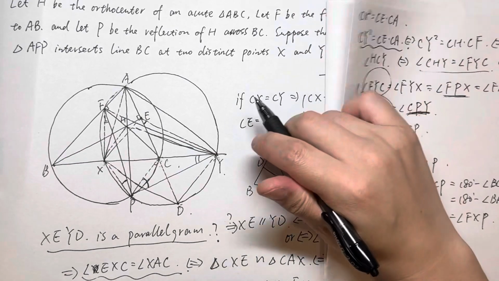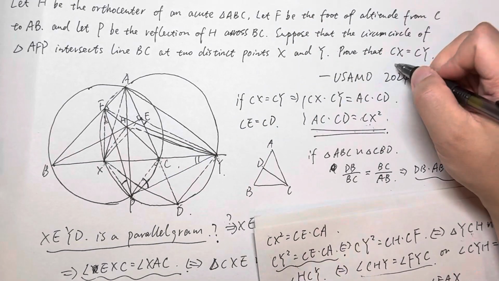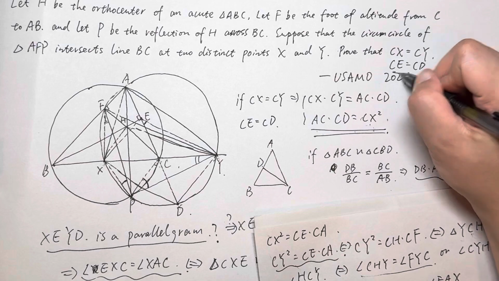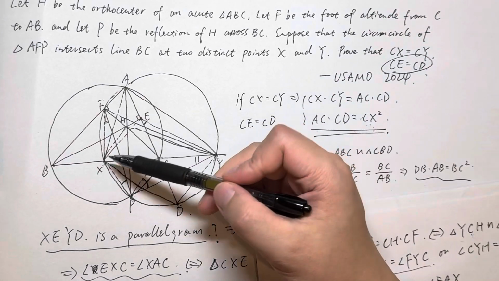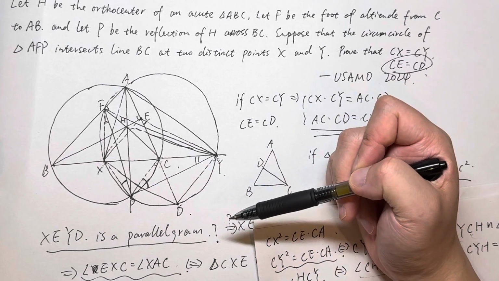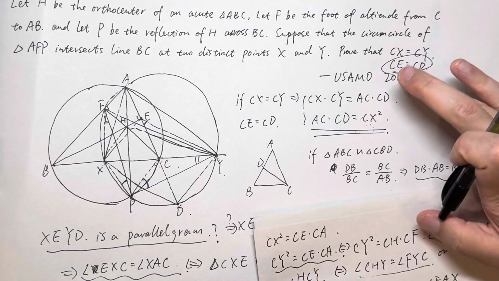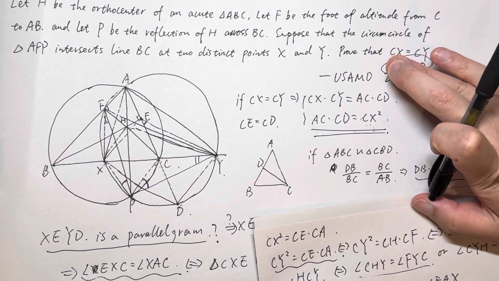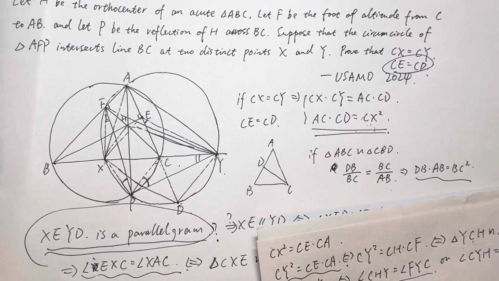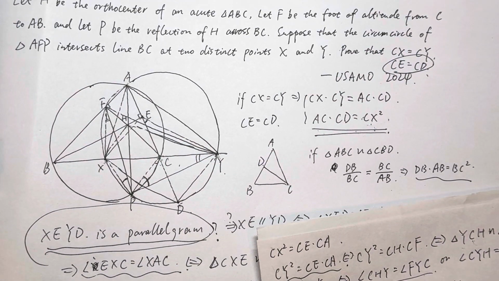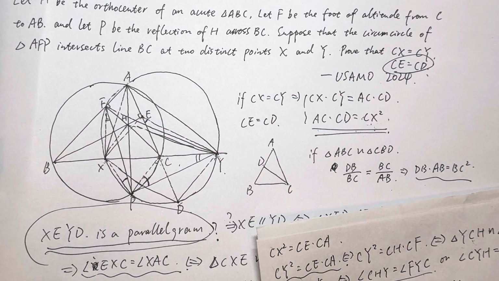I believe that in the problem set, they don't want to write CE equals CD, because that would be a super strong hint that you just need to prove XEYD is a parallelogram. But if they hide this one, you need to figure it out. That makes the problem a little harder.